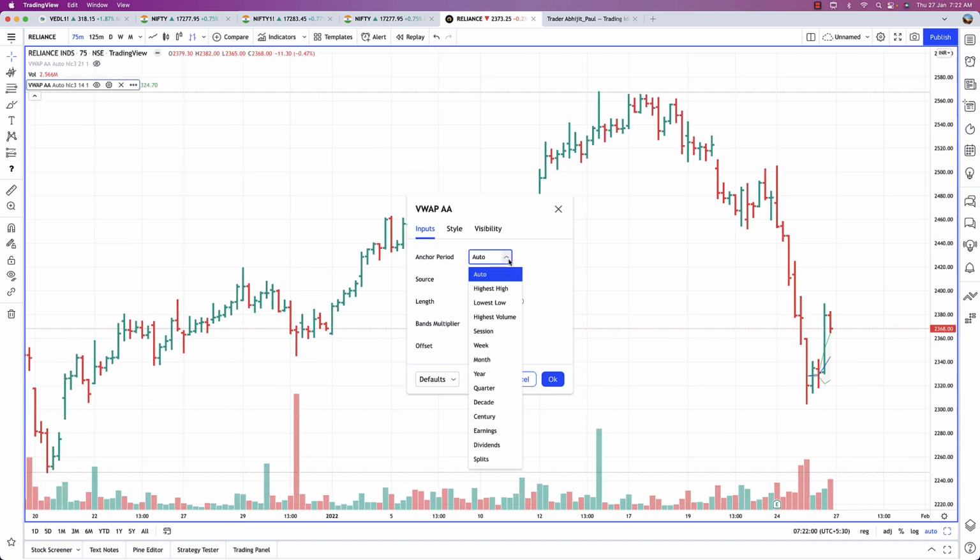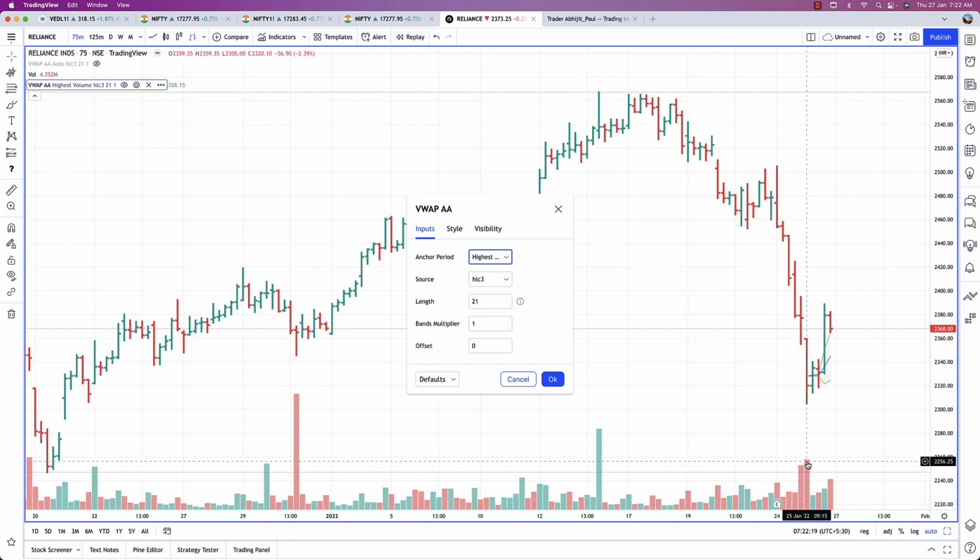Now let's say you say session, and let's say you go up to 21, or rather than session, you say highest volume. Now if you do highest volume, and if we increase, this is 75 minutes, so there are 5 bars, 5 5s are 25, 25, 400.